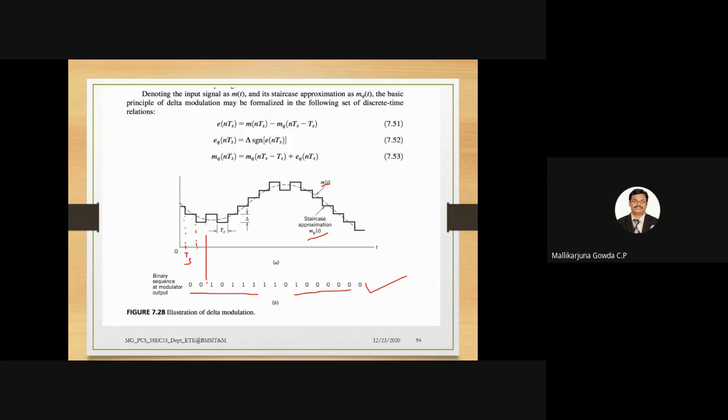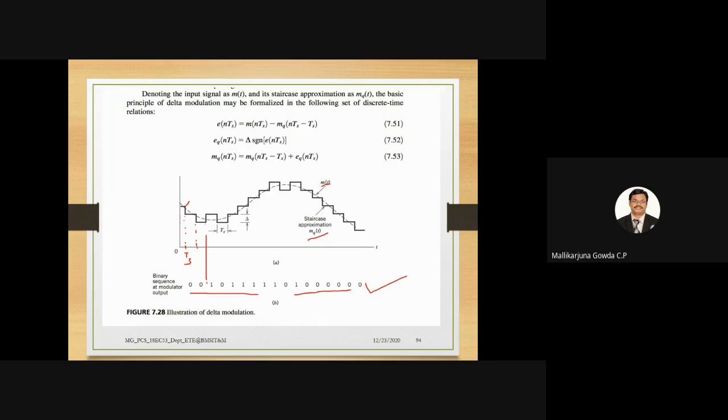Here I will be comparing the staircase approximated signal with my incoming signal. At first Ts, at this point of time, the staircase approximated signal is greater than the analog input signal, so it will be decremented by delta, where delta is the step size.